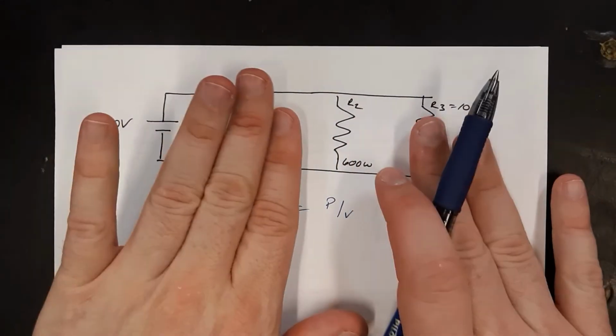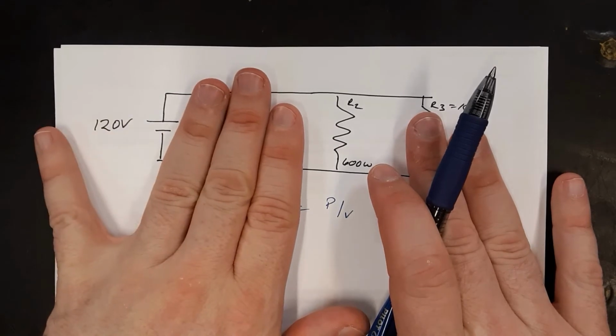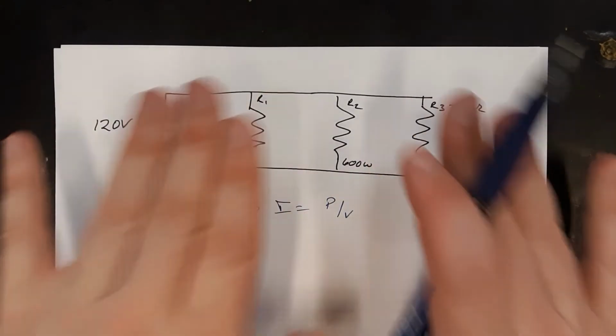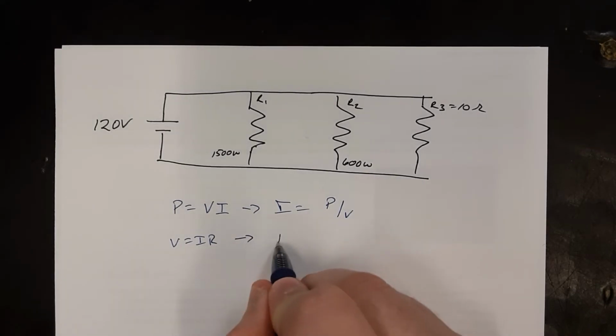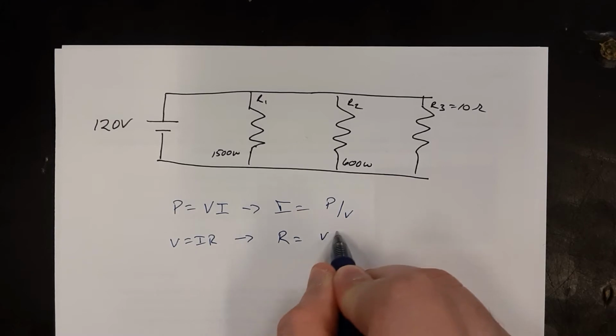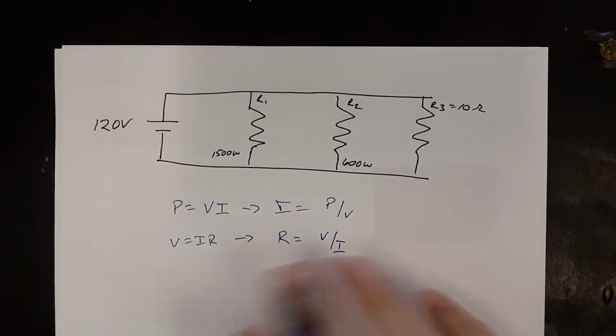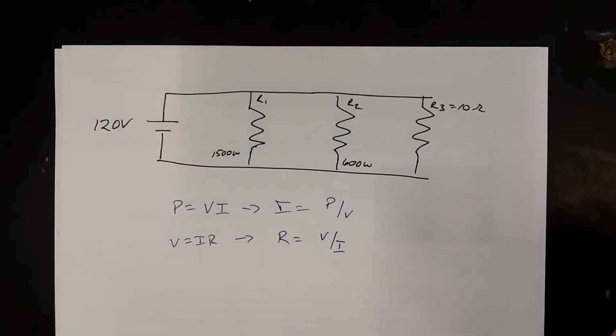And then we can ignore other chunks and just find the second chunk. So we're going to do it one step at a time. And so in this case, R is going to be V over I. And now there's multiple ways you can rearrange this. I'm going to find the current first and then the resistance.